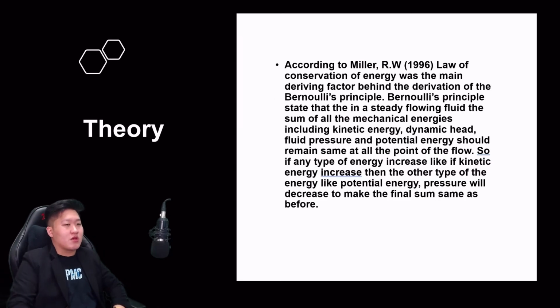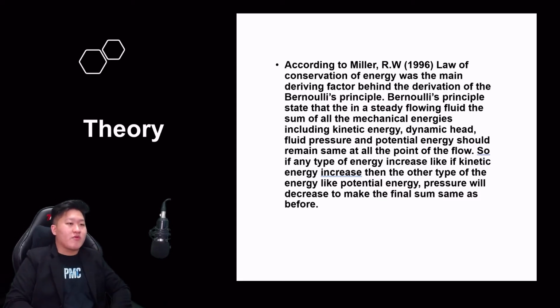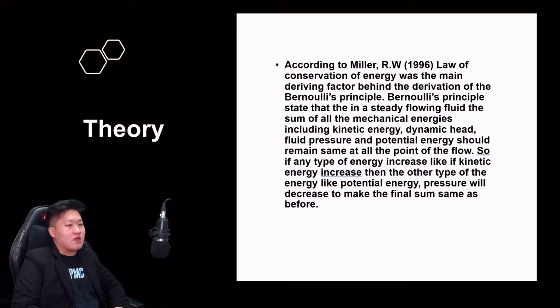We proceed to the theory. According to Miller, the law of conservation of energy was the main deriving factor behind the derivation of the Bernoulli principle. The Bernoulli principle states that in a steady flowing fluid, the sum of all the mechanical energies, including kinetic energy, dynamic head, fluid pressure, and potential energy, should remain the same at all points of the flow.